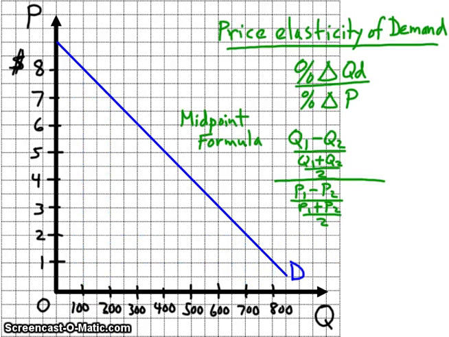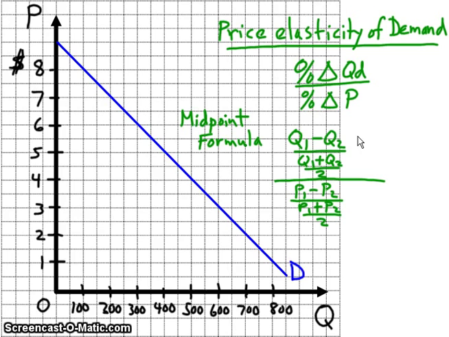So now, just to see the difference, the price elasticity of demand is the percentage change in quantity demanded divided by the percentage change in the price. If we go to the specific formula used when we have two different points along our demand curve, we use the midpoint formula, and we can go in either direction.